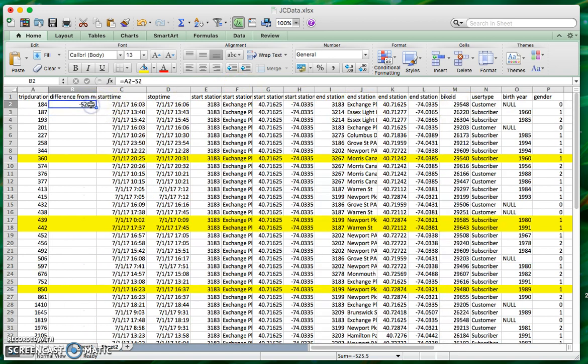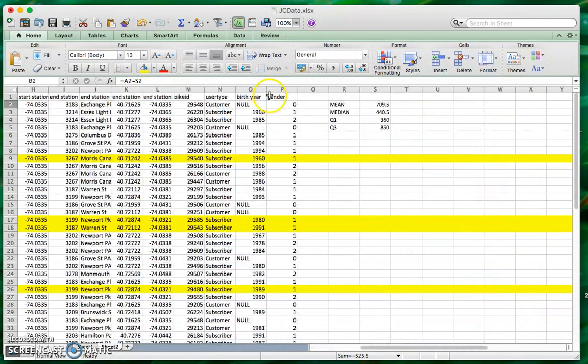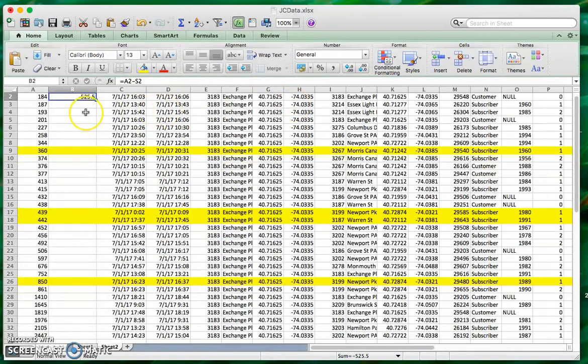Now, for those of you not familiar with Excel, here is a handy trick. If I have created a formula in a given row and column, if I copy that formula, it will sort of sensibly move it down for me. What do I mean by that? Well, this one is referring to A2 and S2.